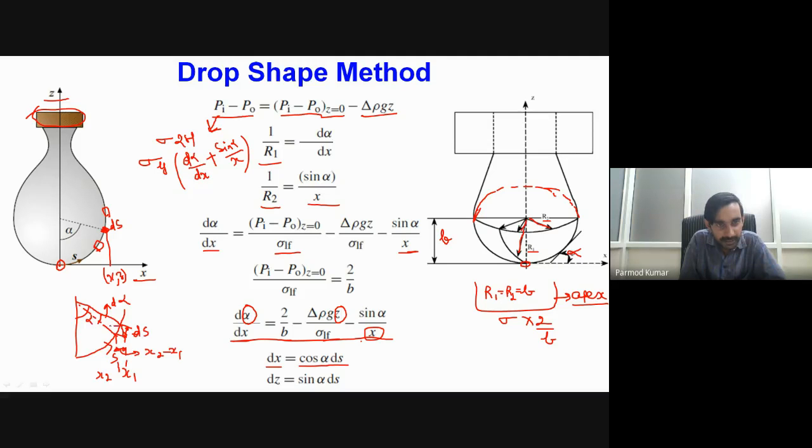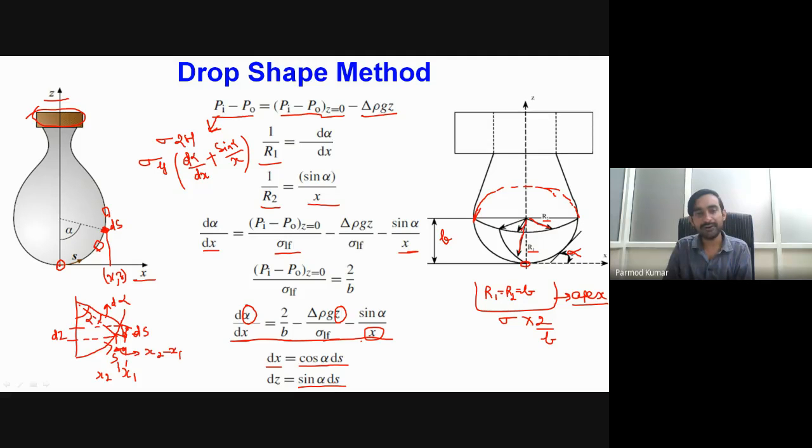And dz is this particular distance between the two locations. Applying trigonometry, dx is equal to cos alpha times ds, and dz is equal to sin alpha times ds.